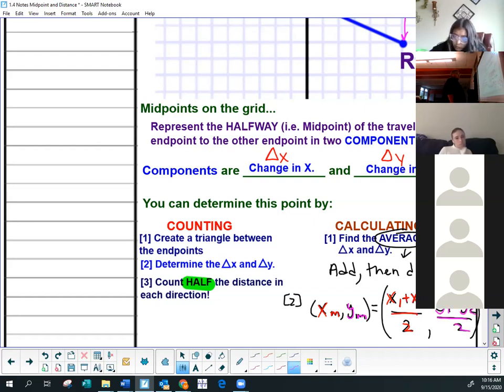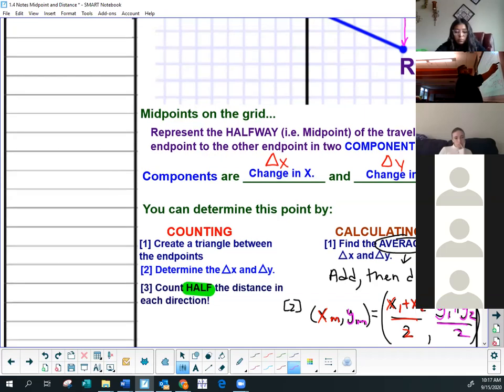The x calculation just has to do with the x's. The y calculation just has to do with the y's.